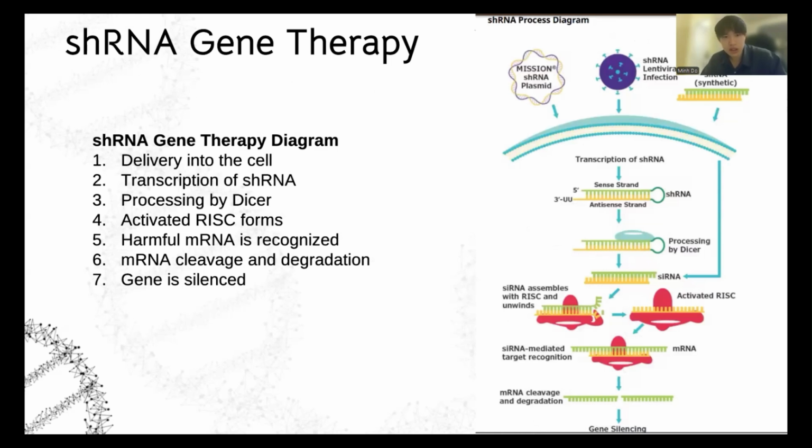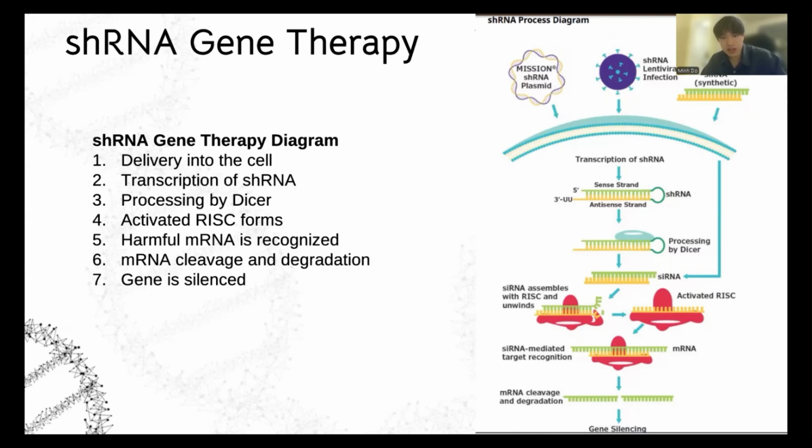It starts off with a shRNA plasmid or a lentiviral vector that delivers a new piece of DNA into the cell. That DNA is transcribed into shRNA, which folds into a hairpin shape and has a sense and antisense strand.